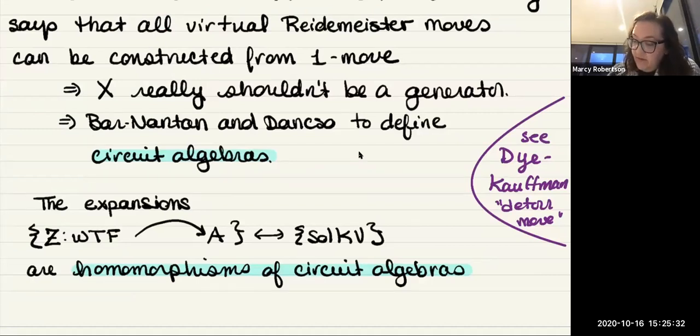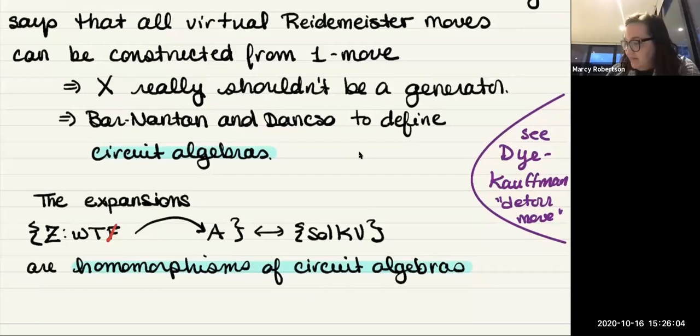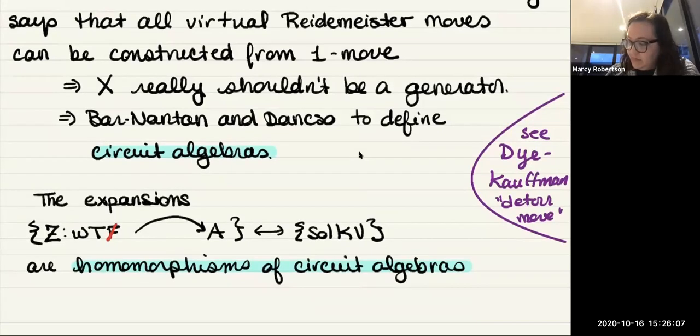I haven't explained the tangled foams part yet, but a homomorphic expansion from W tangles to some graded space, and we have to add something to get to solutions of KV, is in fact just a homomorphism of this algebraic structure. If you want the details on this virtual thing, it seems to be in the Dye-Kauffman paper. That might not be the first source, that's just the one I'm aware of.